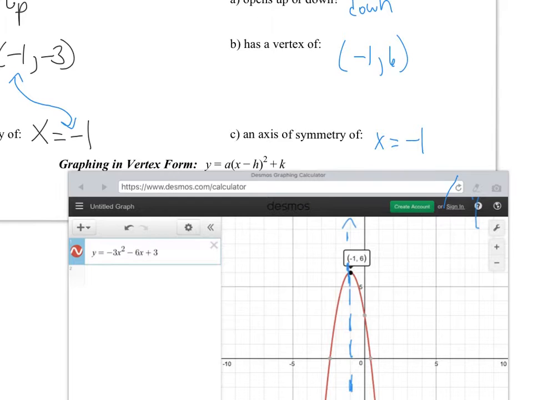You can actually make one of those on Desmos as well. All we have to do is hit the little settings button and hit table, and there's a bunch of points. So it actually can give you a little table just like we had in the earlier problem. So look, you can see the symmetry, it's all right there.